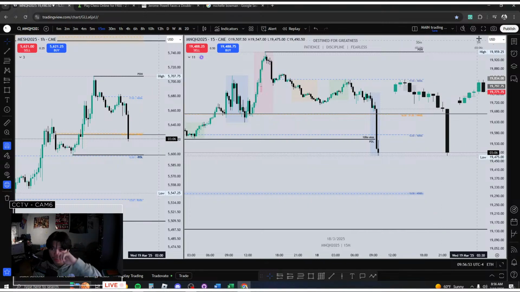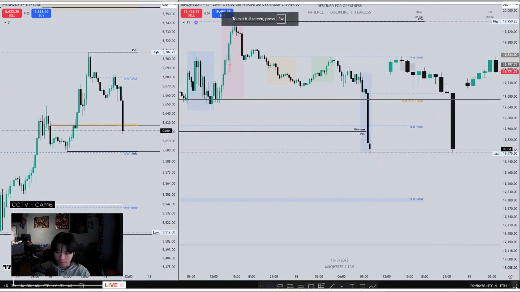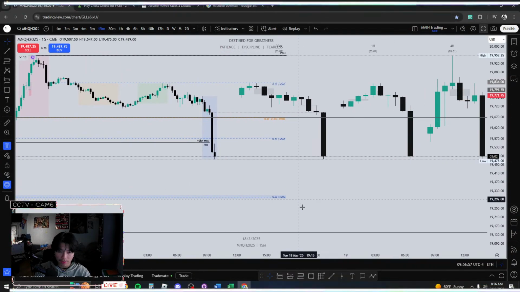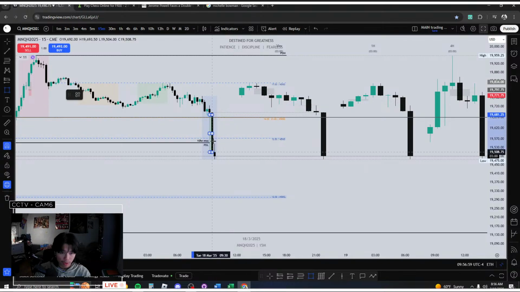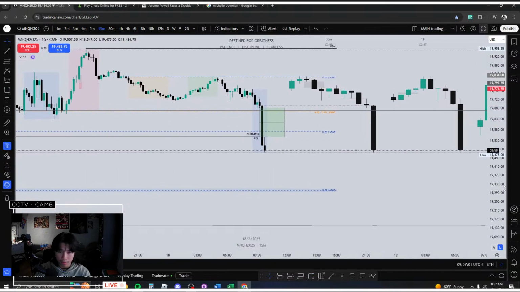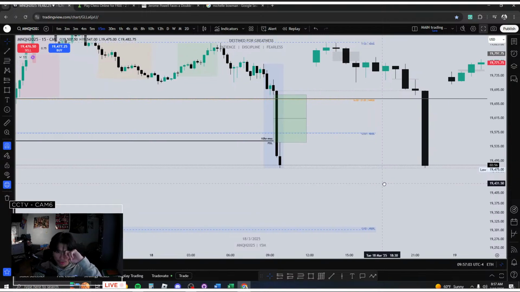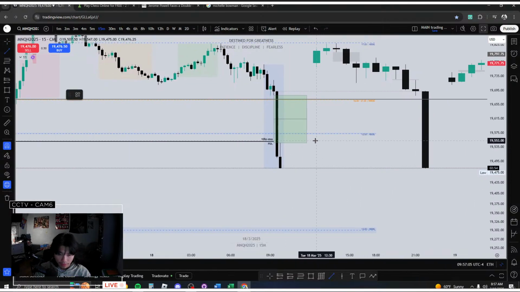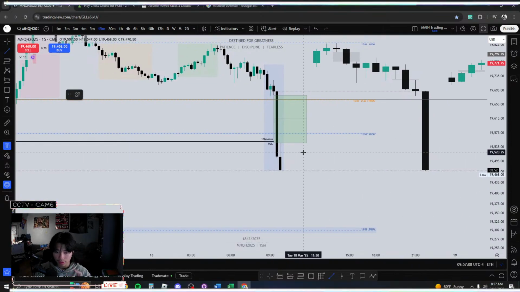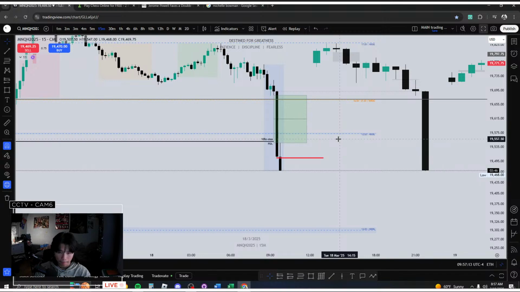Depending on how we close here on this 15-minute candle is going to tell me if we're going to treat this 15-minute fair value gap that we create as a breakaway gap or not, right? If this current 15-minute candle closes below this red line, then I would treat this fair value gap as a breakaway gap.